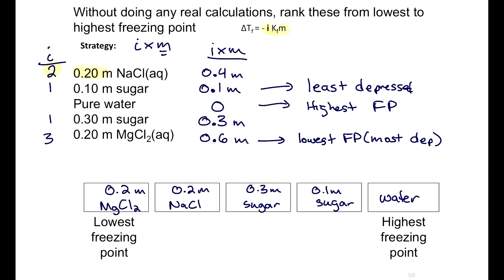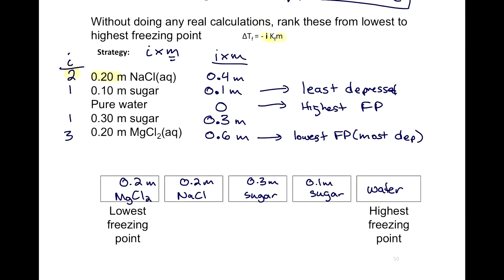And so you got to account for that I times M there. So just taking the I times M product will help you get the relative ordering of freezing point depression. More concentrated solutions have more depressed freezing points. Okay, so that is the Van't Hoff factor, freezing point depression.